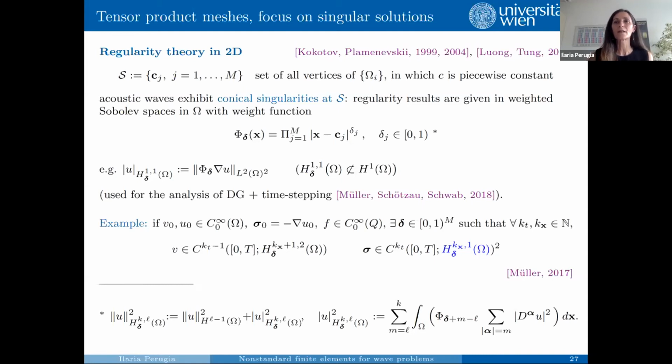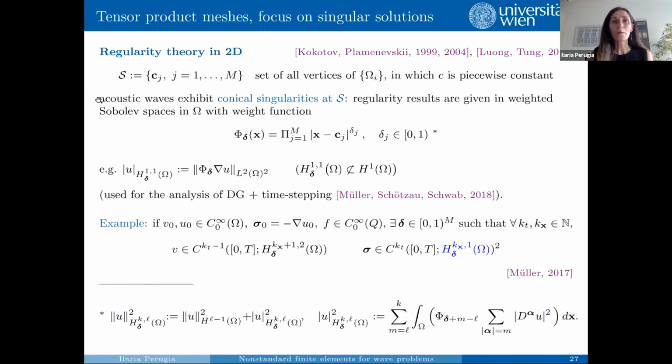So assuming that I have different materials filling my domain, and each material occupies a subregion, then I collect all the corners of my partition into these subdomains, in which I'm assuming that the wave velocity is piecewise constant.